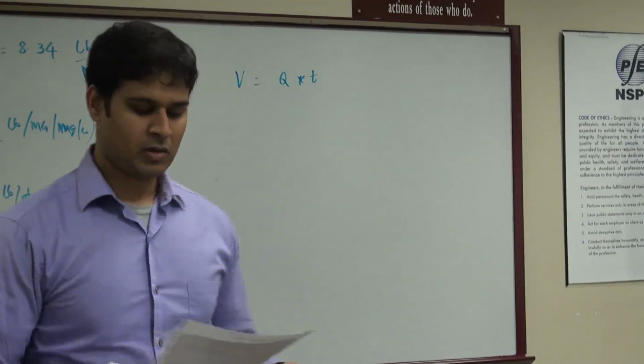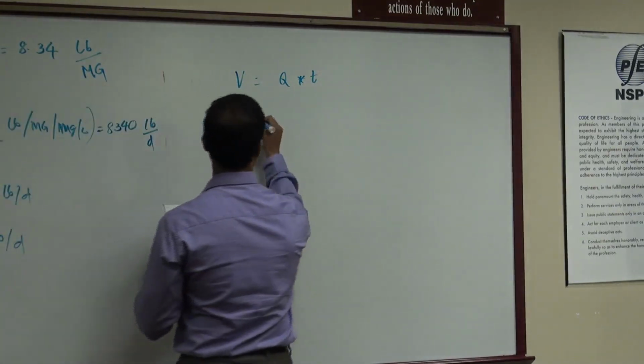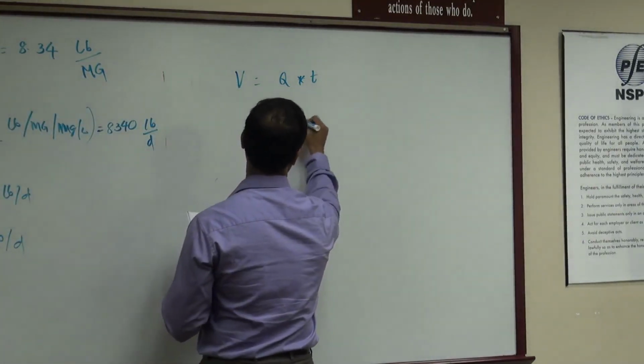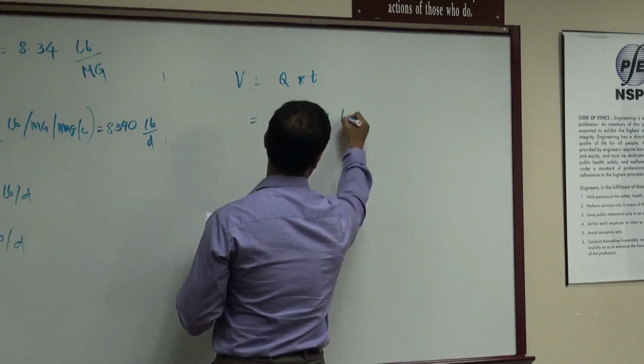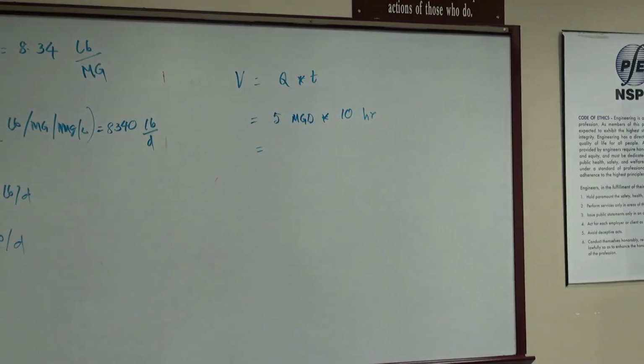The only thing you have to convert, I think, is days, but your answer is in gallons, so you may not need to do that too. This is 5 million gallons per day, and then you have here 10 hours. So let me see.